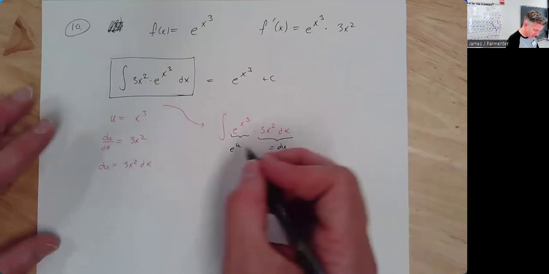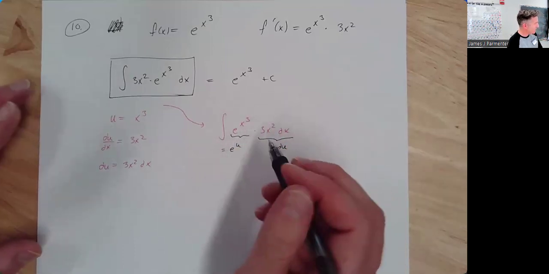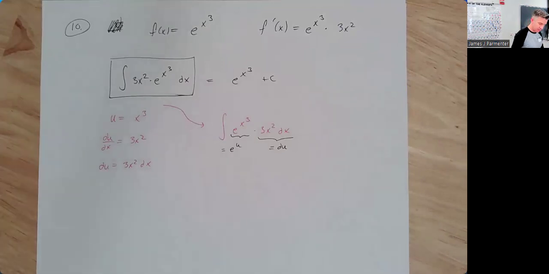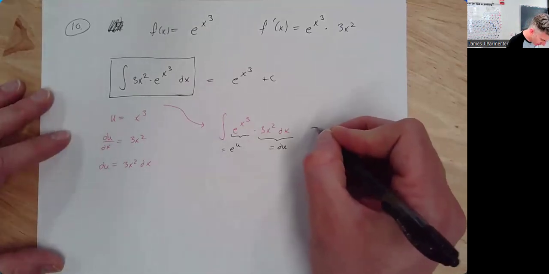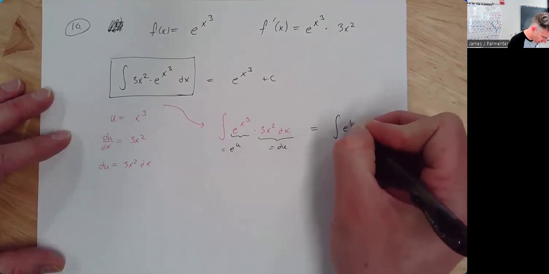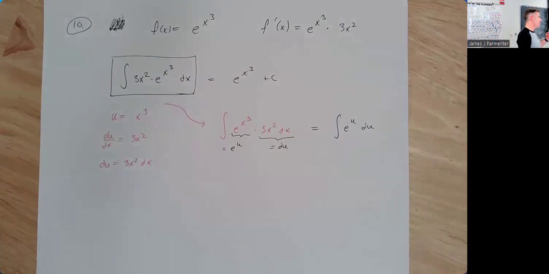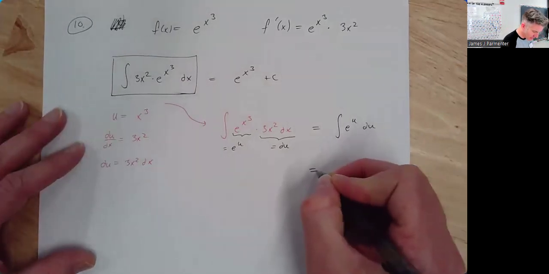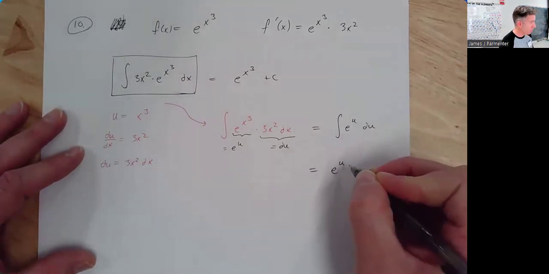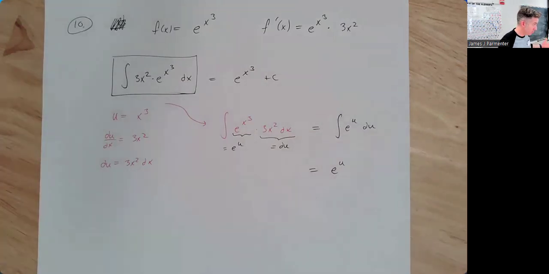Here's the part where I feel like people struggle with an e to the u substitution specifically. This integral is going to be equal to the integral of e to the u. And then you have to do one more thing. Actually, two more things. But the next thing we do feels like we didn't do anything. What's the antiderivative of e to the u? Right, e to the u. But watch for a second. We actually need to write that this is equal to e to the u without the integral symbol.